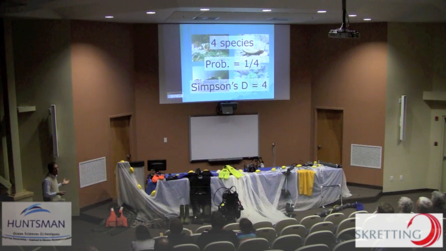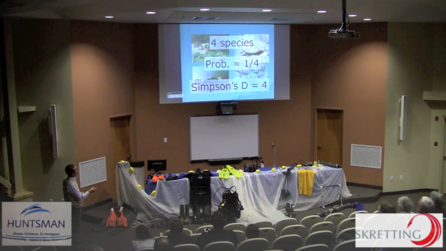Curiously enough, the Simpson's D, the diversity index, would say 4. So it's saying, yeah, diversity is increased. It's 4 times more diverse than the previous one. And by chance, because it's an even distribution of species, it happens to reflect the probability exactly.